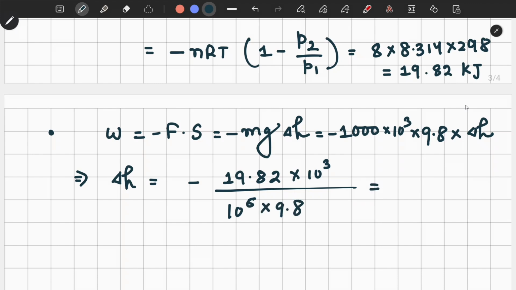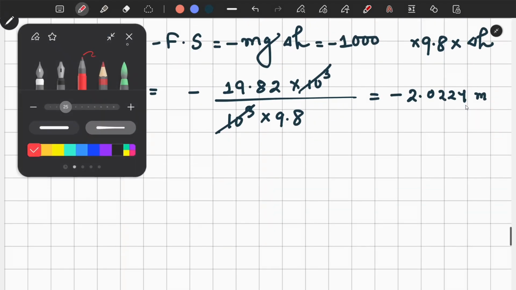It is eventually 2.024, minus. This you have done, right? Yes. Okay.